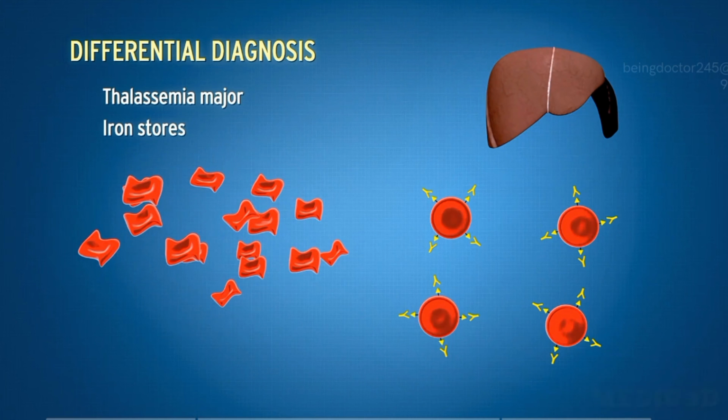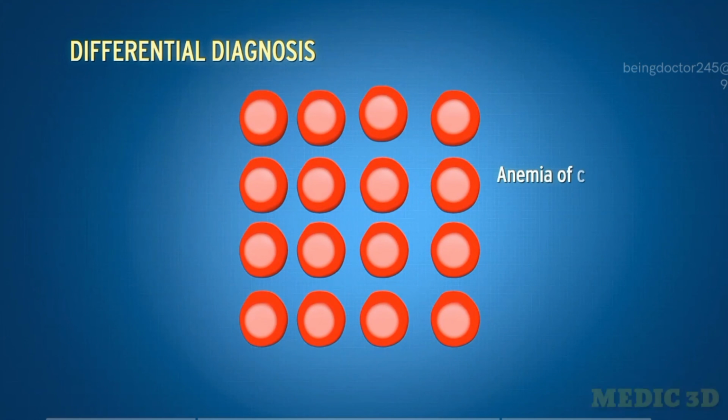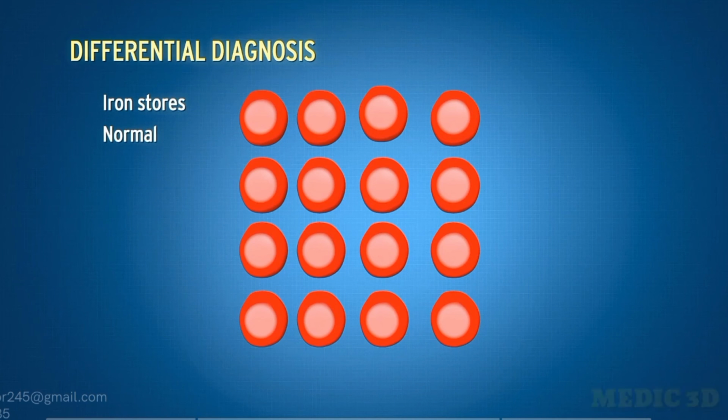Their iron stores are increased. In anemia of chronic disease, patients have an underlying chronic disorder. Their iron stores are normal or increased.